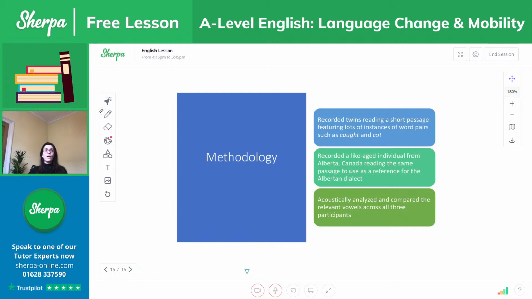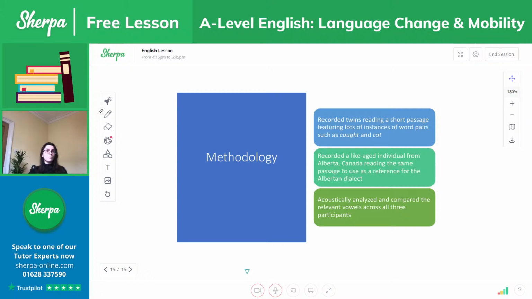And then, as I mentioned earlier with that second methodology, I recorded a male who was a similar age, I think he was 25 at the time, who was from Alberta, which is where they moved, whose speech was very representative of the dialect and accent spoken in that part of Canada.